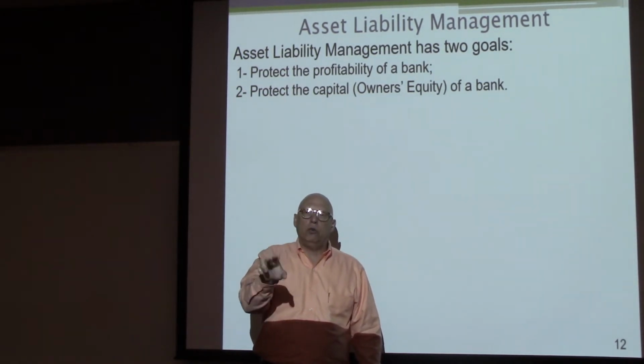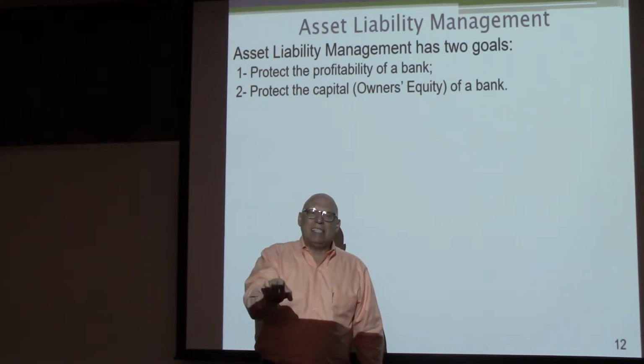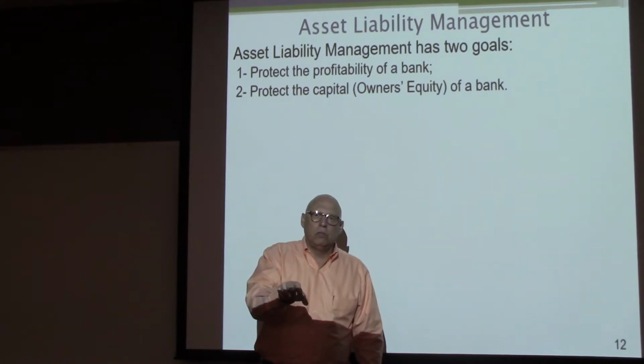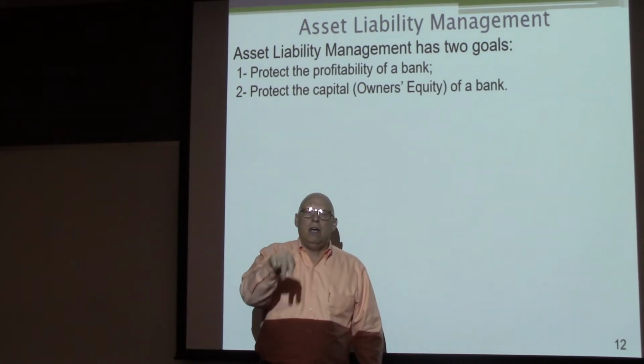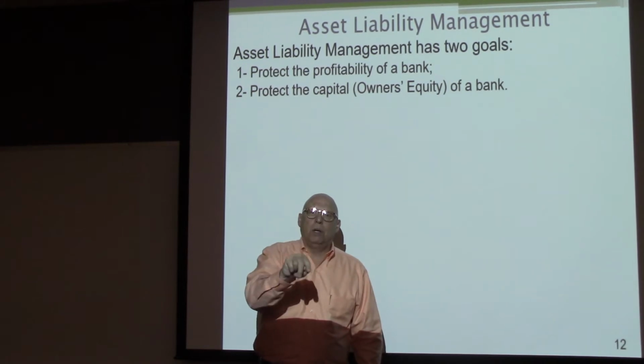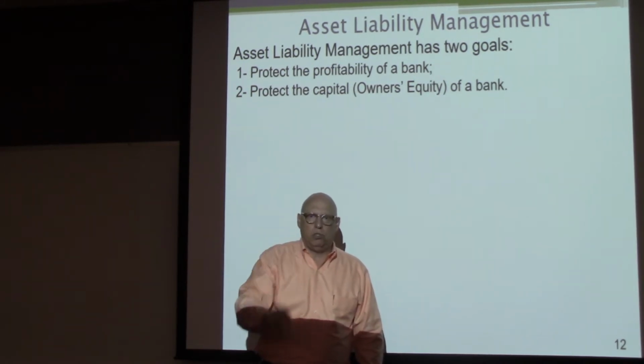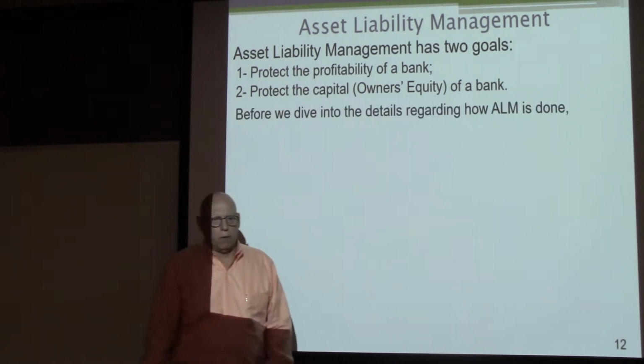That's what happened in 2009. The assets, the loans, the mortgage loans, and the investments in mortgage securities, the assets went down in value. The liabilities did not. If your assets go down and your liabilities stay the same, your owner's equity is damaged. And that's what happened.